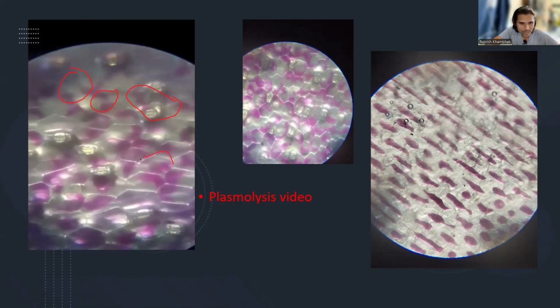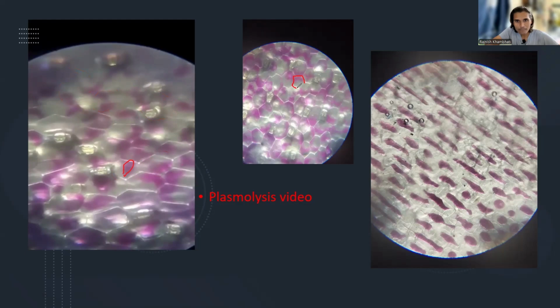Do you see this cell? The whole cell is not covered by cytoplasm, but the cytoplasm is shrunken into a corner somewhere in the cell. Now, the same thing is very clearly seen here. What you look at is a cell.